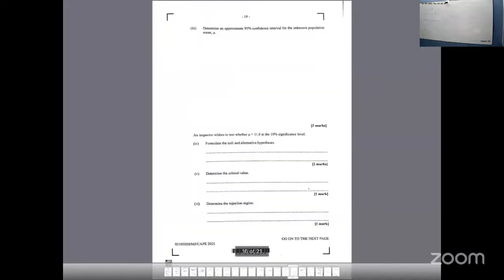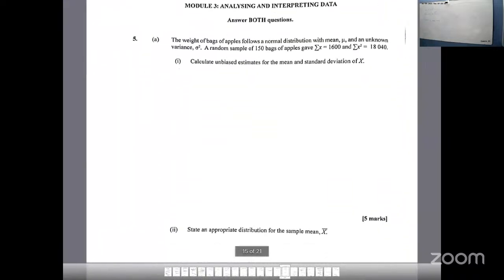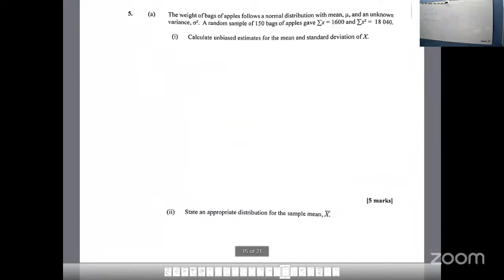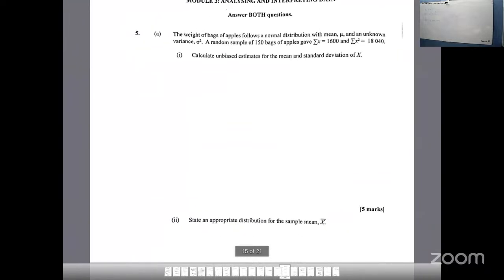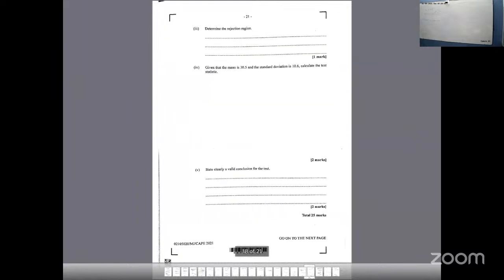It's 2021, right? It's not a whole question, but part 1 and 2. Oh wait, no, wrong thing. Give me number 5. That is very cool, I pulled up the wrong thing.